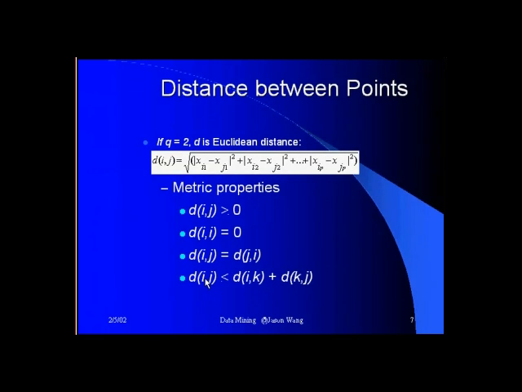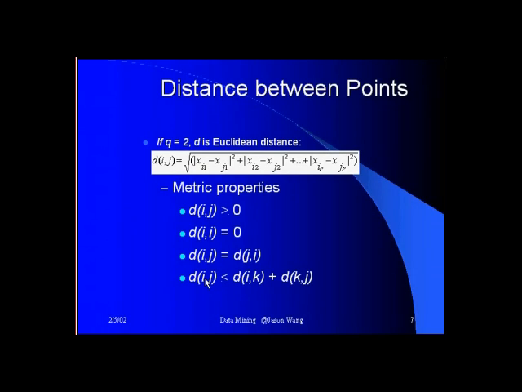When the new object comes, instead of calculating the distance from the new object to every object in the database, we just calculate a few of them, and based on the triangle inequality property, we quickly identify which object in the database is closest to the given object. That paper was published in 1990 in ACM Transactions on Information Systems.